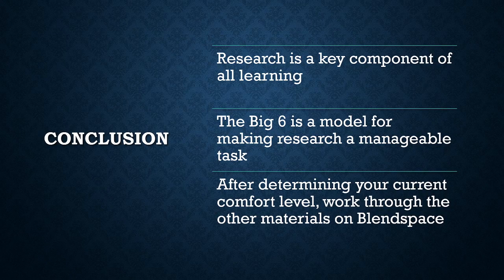And so on BlendSpace, after you complete that pre-assessment, there will be a couple of resources that give you more insight into the Big 6 research process and help you understand exactly what it is that you are going to do. So you can work on that, and then you can navigate through those resources, and then we'll have a conclusion video at the end.